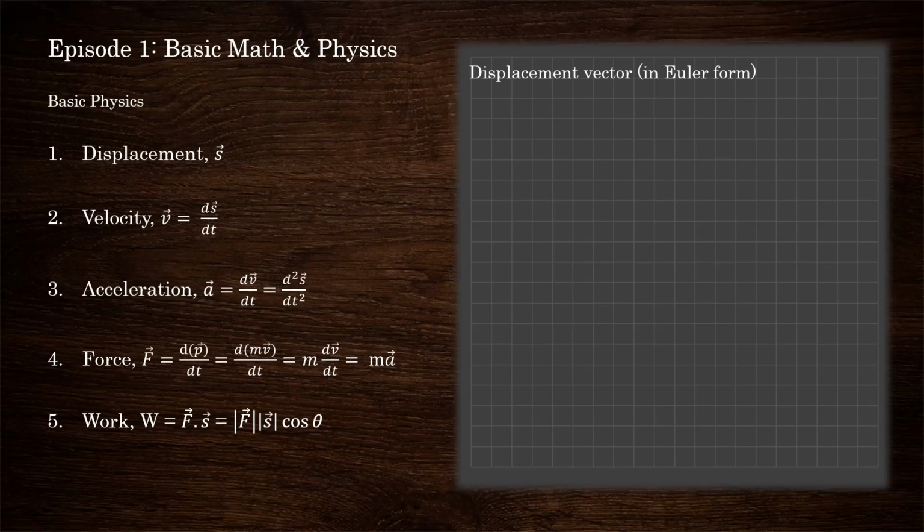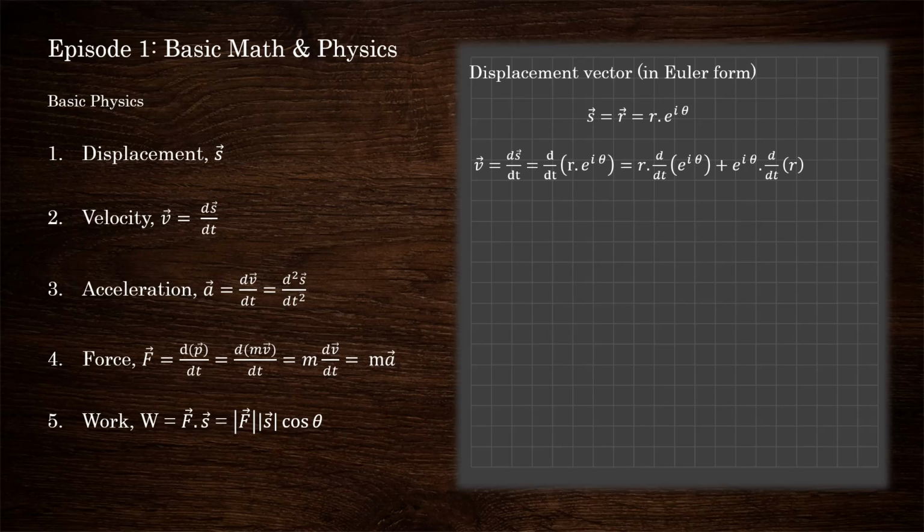So if we look at the displacement vector in Euler form, let's say S equals R e to the i theta, with a magnitude and a direction. I'm omitting the modulus symbol here; we'll just call it R for now. Let's differentiate this with respect to time. We have to differentiate by parts.